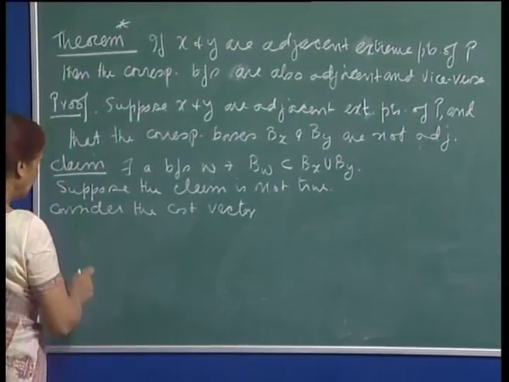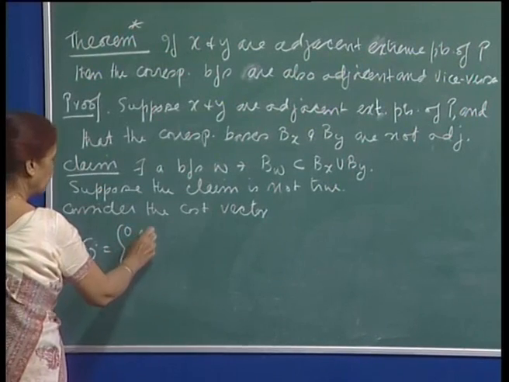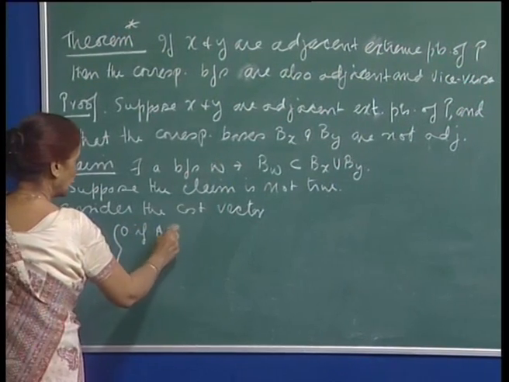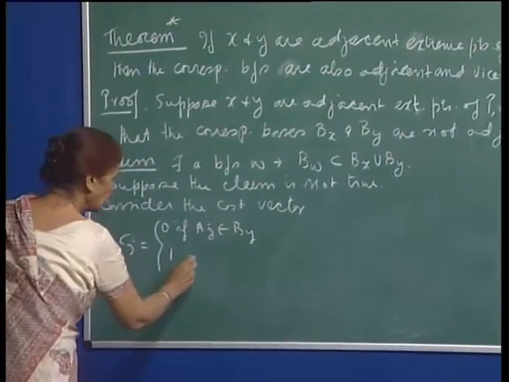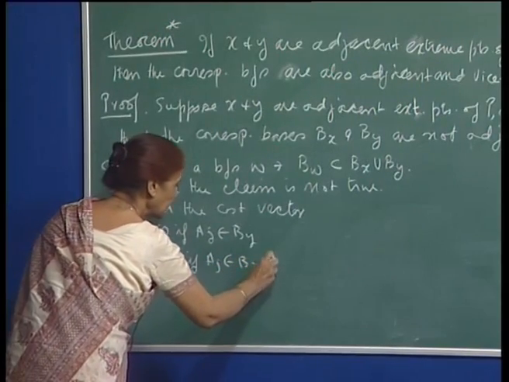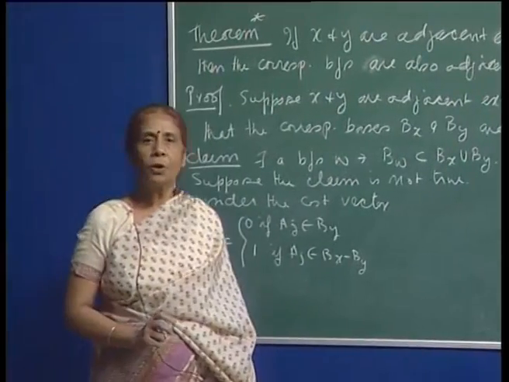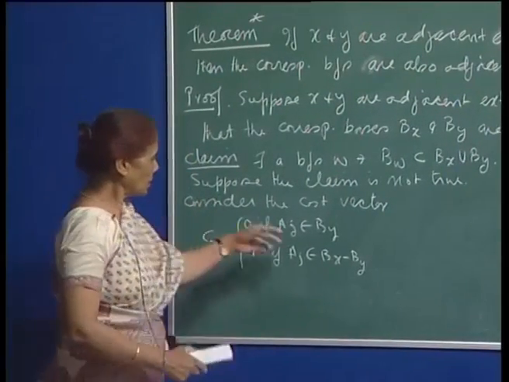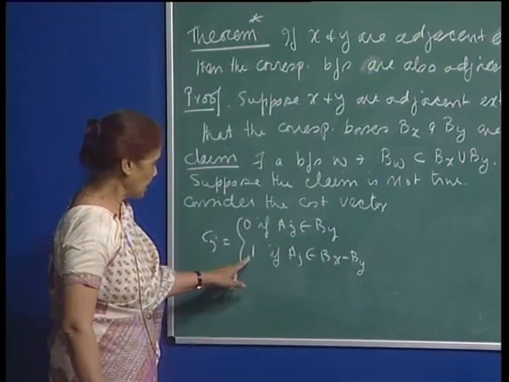Consider the cost vector Cj, which is equal to 0 if Aj belongs to By, equal to 1 if Aj belongs to Bx minus By. That means, of course, Bx and By have some columns in common, but for the ones which are not in By but are in Bx, the cost is 1.